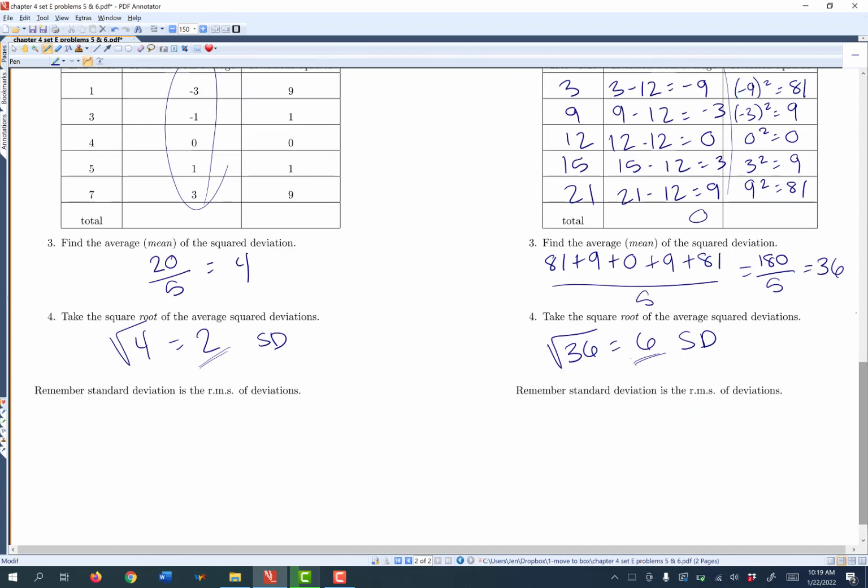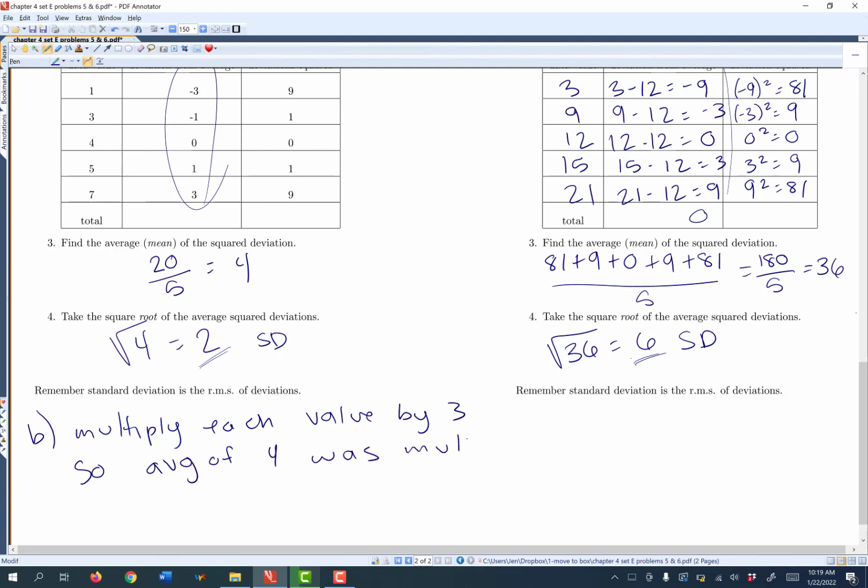So for part B, we multiplied each value by 3 to get to our second list. So the average of 4 was multiplied by 3, so we got 12 as our new average.